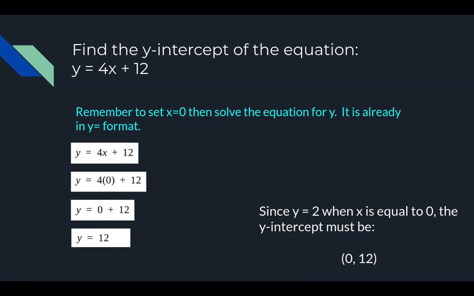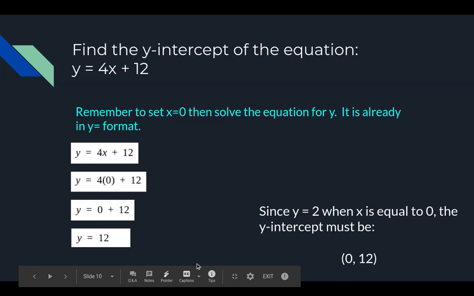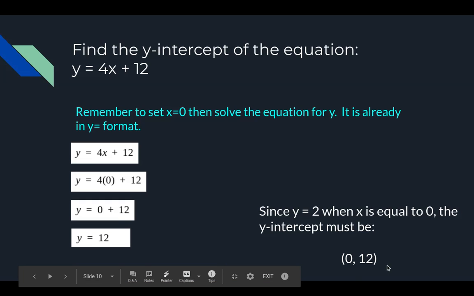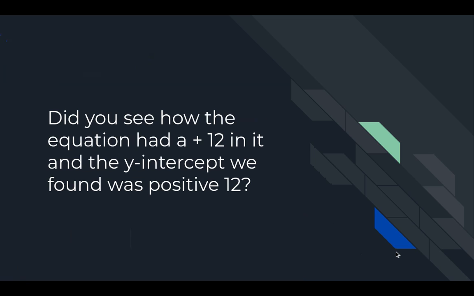So you need to make sure that when you're writing your solution or your answer to this specific question, you're putting it down as an ordered pair. 0, 12 within parentheses is an ordered pair for the actual intercept. Now, if we're inserting this into an equation, it's going to be a little bit different. But for right now, if we're just asking for the intercept or the intersecting point, let's make sure that we have that as an ordered pair.